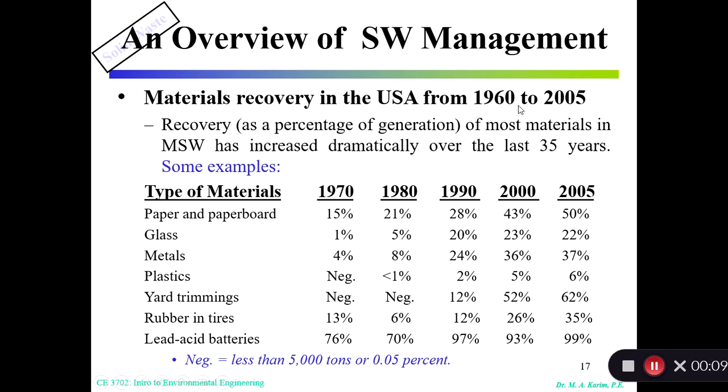Materials recovered in the USA from 1960 to 2005. This gives us the material types as well as the recovery percentage in 70, 80, 90, 2000 and 2005. So it looks like lead acid batteries are 99% recovered. Paper is 50%, probably this can go up, right? So this is not that great, so it should go up.